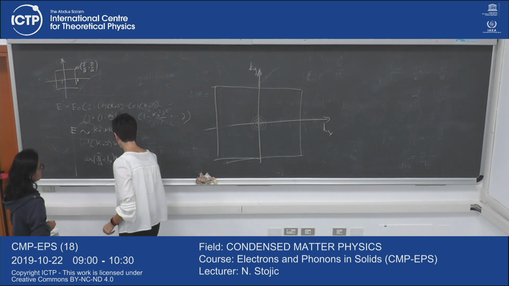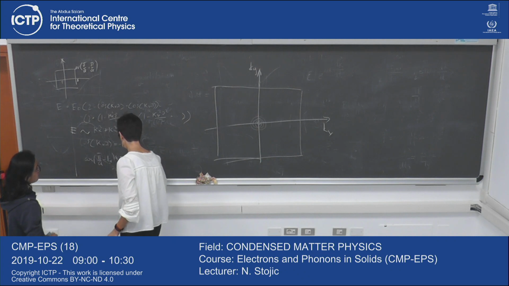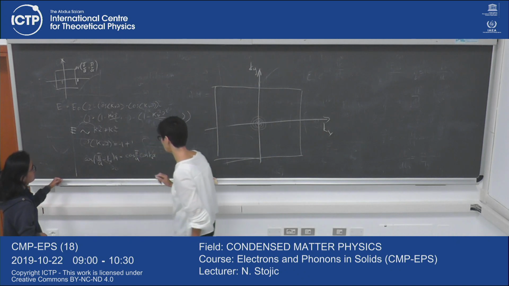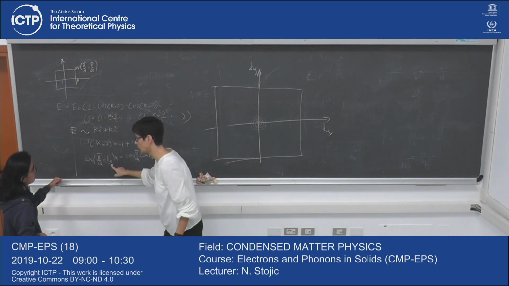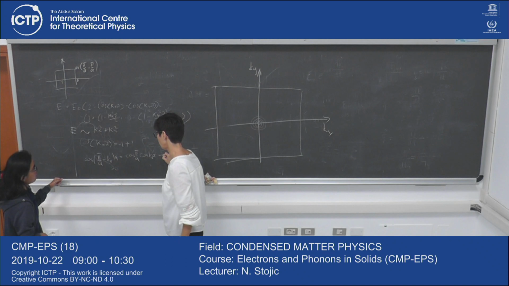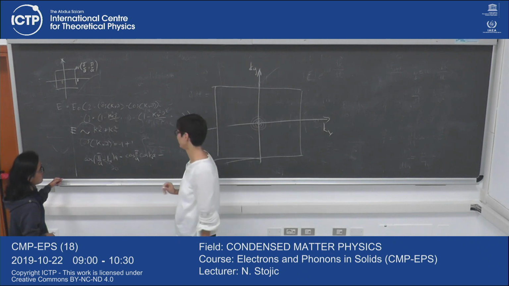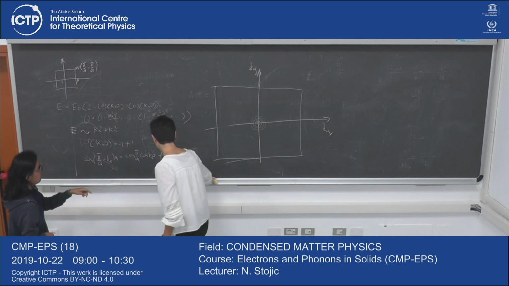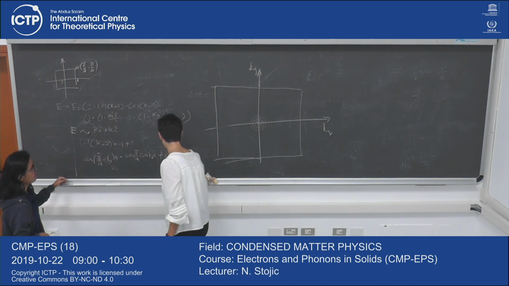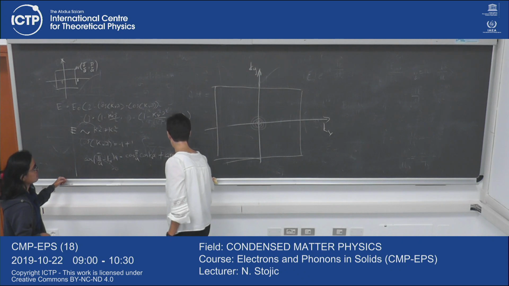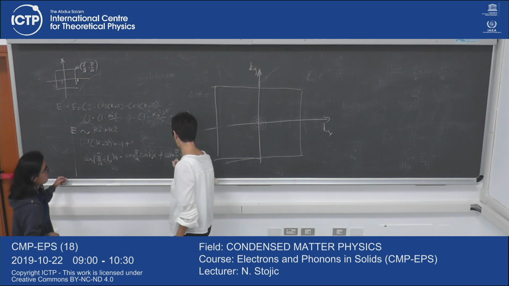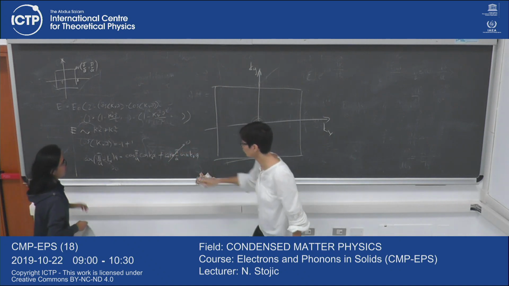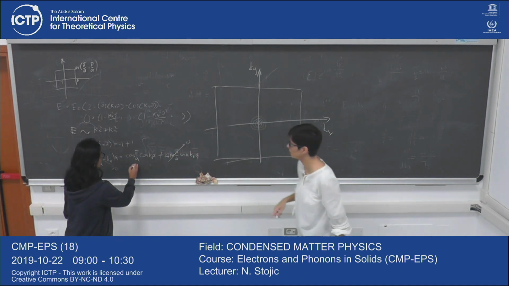It's cosine pi over a times cosine kx a, and this kx is small here. Plus sine pi over a times sine kx a. This is 0. Then you expand for small kx, so now it's easy.